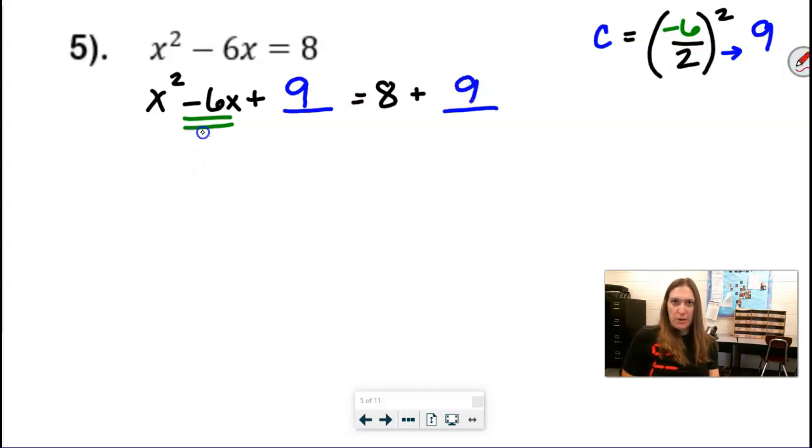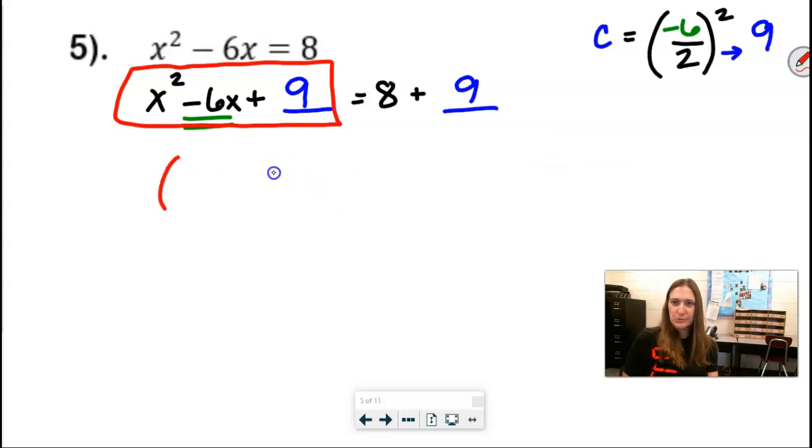So again, I know you're thinking, why am I doing all this work? Because now this can be rewritten as x, and then the factor would be half of b. So here it would be a -3, quantity squared. And then 8 plus 9, better known as 17. Oh my goodness, math teacher is happy because our next step is going to be to square root both sides.